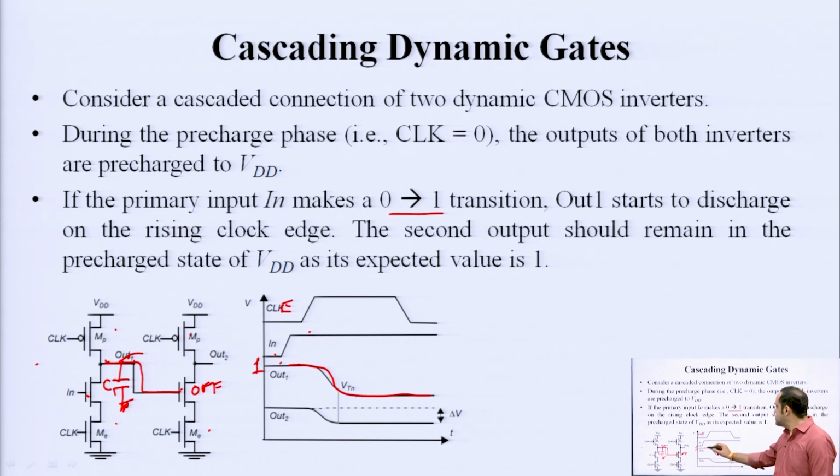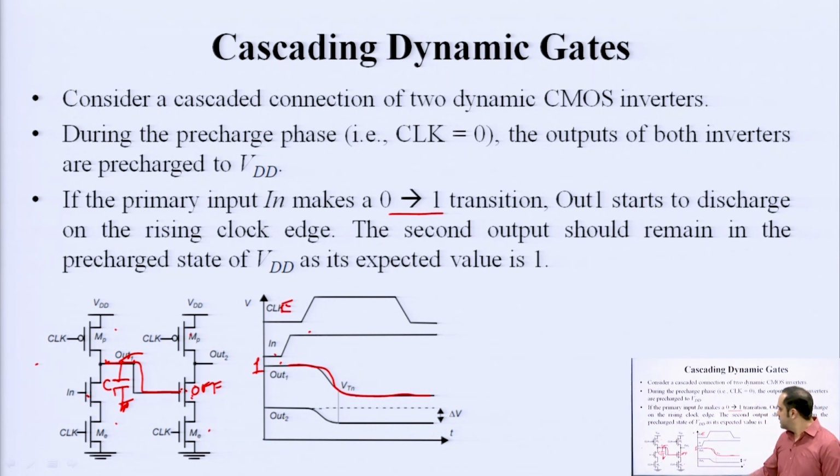Until this discharges to the threshold, or below the threshold voltage of this NMOS transistor, you are having logic 1 at the input of this transistor, which means until the stage 1 output discharges to a value equal to or lower than the threshold of the second logic NMOS transistor, this one, until then this transistor will be on.